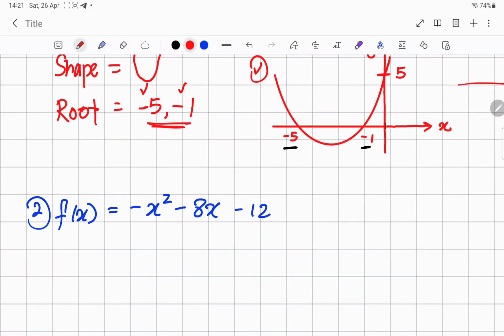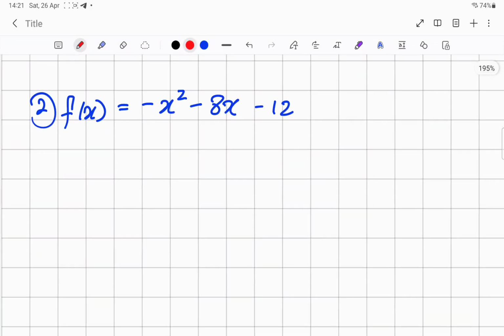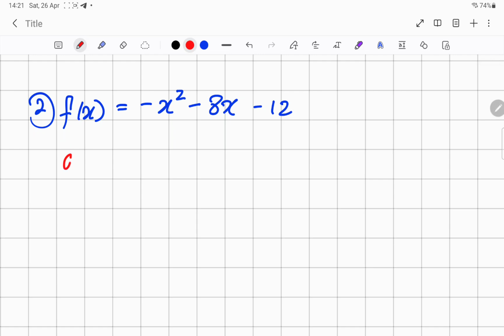Now we try a second one. First thing, find what ABC is. A: look at the x squared, what is the number beside x squared? -1, so A equals -1. B, what is the value beside x? -8.